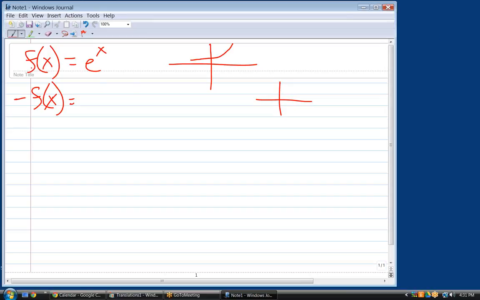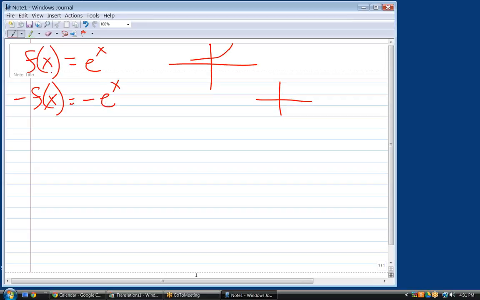If f of x equals e to the x, that's the graph of e to the x. What does it mean to say minus f of x? What would that function be? It would be negative e to the x.